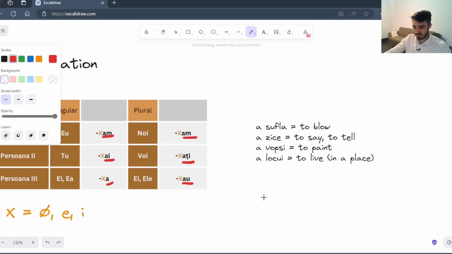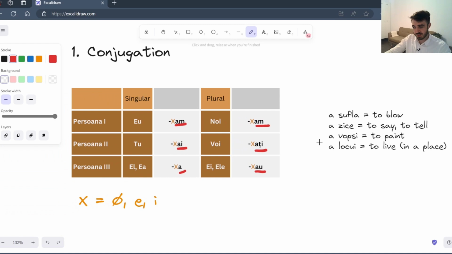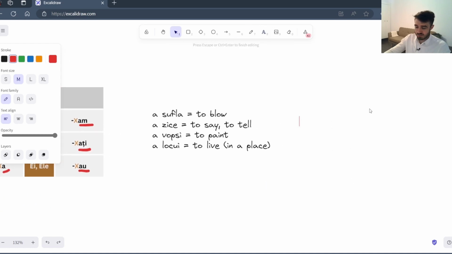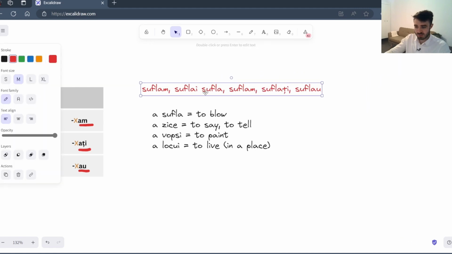So I took here 4 random verbs, and I will try to use them to conjugate basically what they are in imperfect. A sufla is to blow, so in imperfect that would be suflam, suflai, sufla, suflam again, suflați, and suflau. So this is one. Then zice.